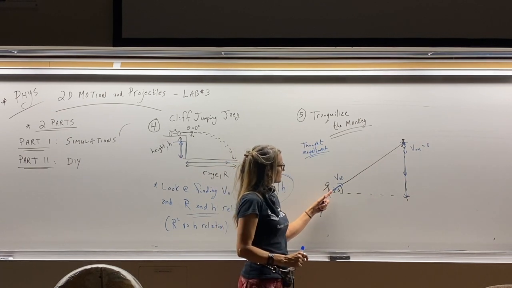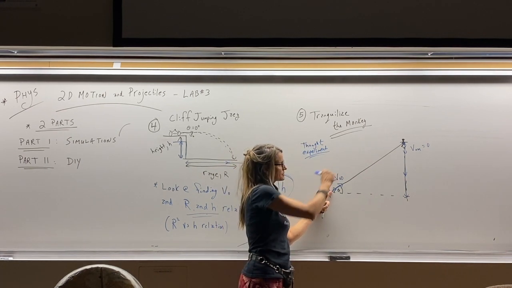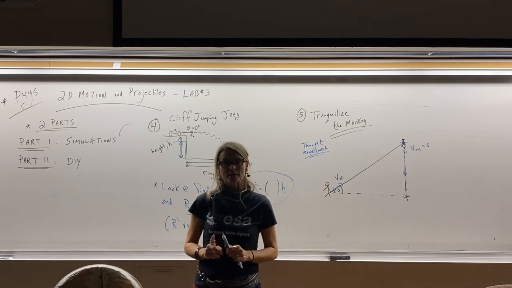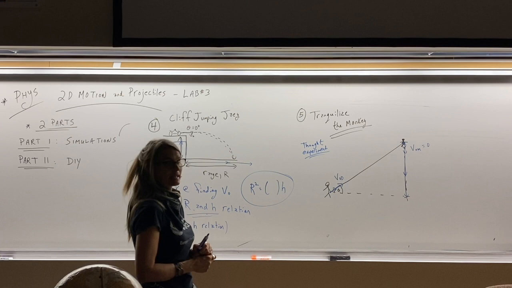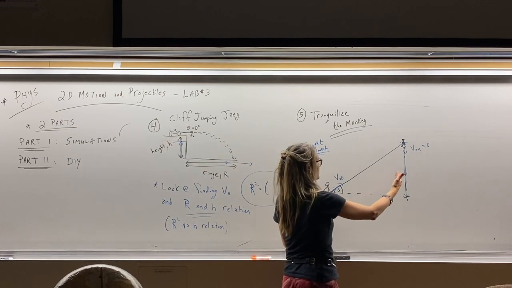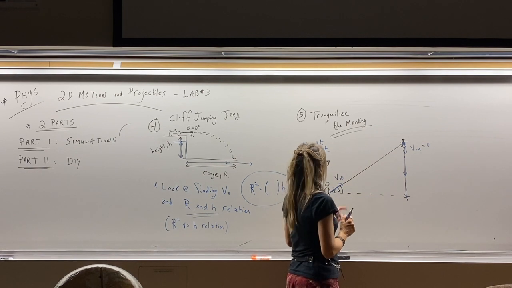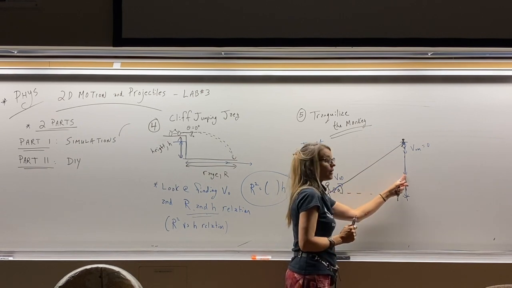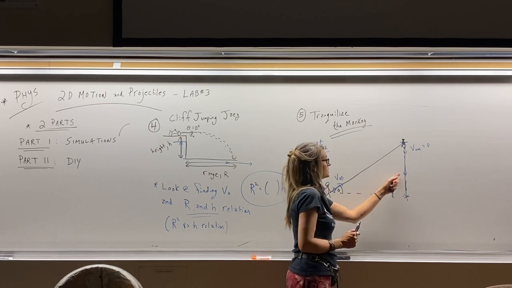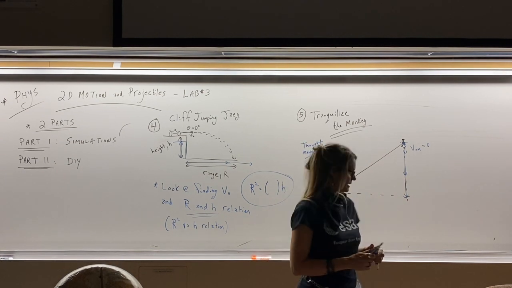As the ranger shoots the dart at the same time this monkey falls, where should the ranger aim to make a hit, a target hit? And how do we actually figure out how high the monkey will be above the ground when the ranger hits the actual monkey, the target in this case?